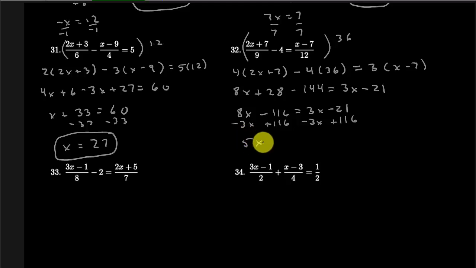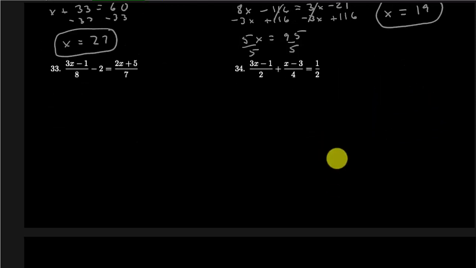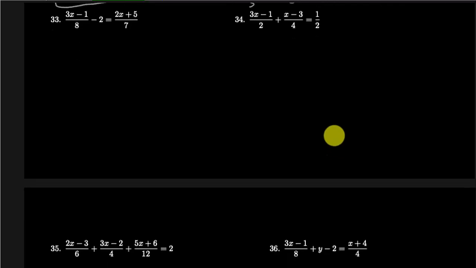So I get 5x is, see the 3x's cancel. So that's going to give me 116 minus 21 is 95. I'm going to divide everything by 5. So x is equal to 19. And yes, I'm using a calculator just so I don't make a stupid calculation in my head.